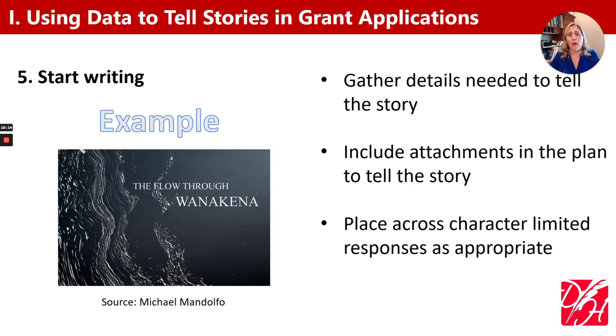If we can think about our overall story that we would like to tell, if we can look at the type of data and the types of stories that we have available that might align with what's important or what might resonate with the grant maker, now, instead of looking at an individual response from a very narrow lens, we're rather looking at each of the responses available to us and thinking about, how do I place this larger story into the responses, into the limits that I have available to me at this time?